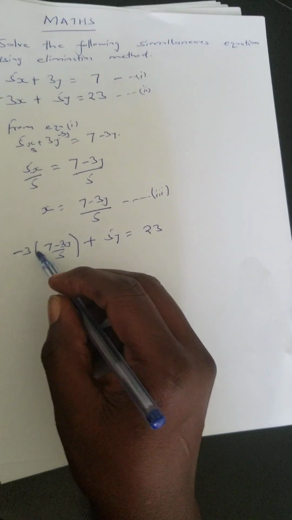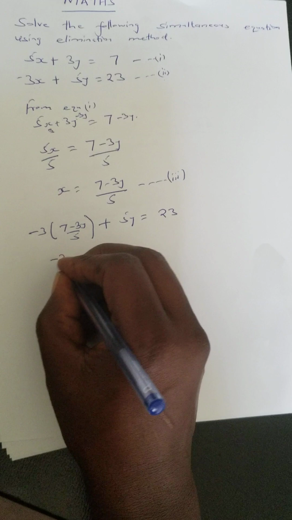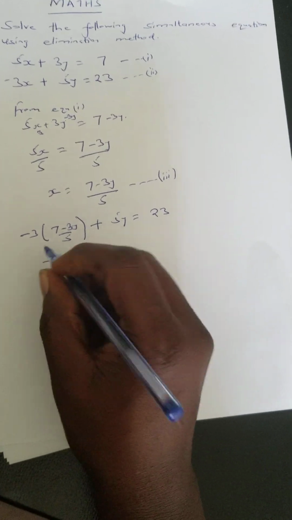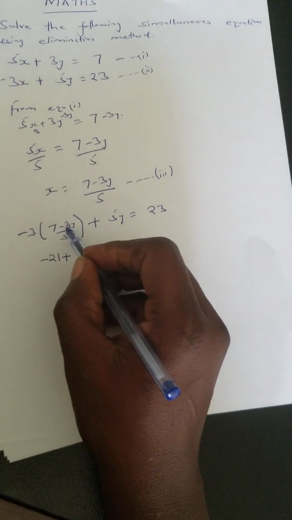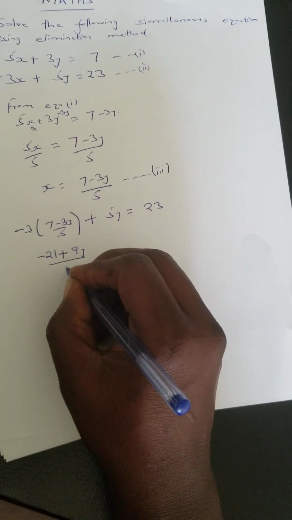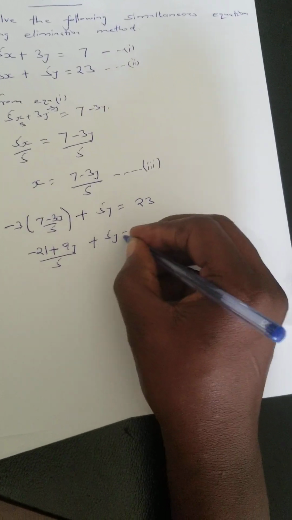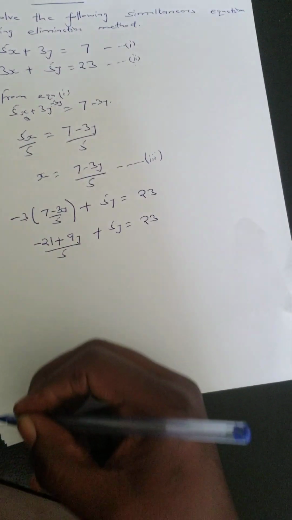Now, we open the bracket: negative 3 times 7 is negative 21, and negative 3 times negative 3y is 9y, all over 5. Then we add 5y, which is equal to 23.